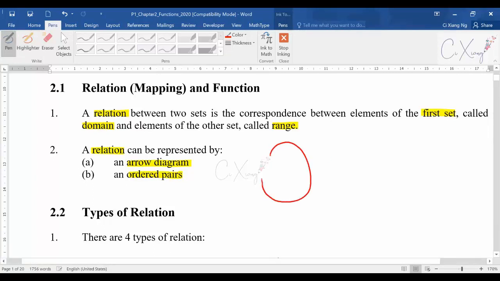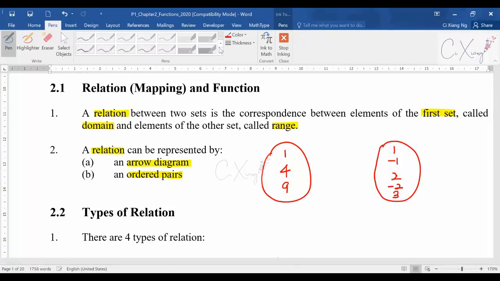Let's say I have a set of values, and I have another set of values. Maybe I can put 1, 4, and 9. Then here I put 1 and -1, 2 and -2, then maybe 3.